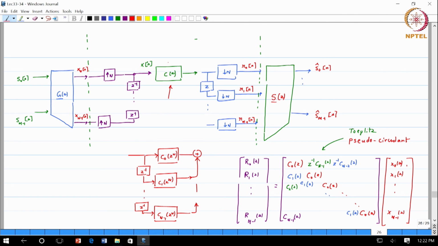Now, it turns out that we can now start to actually show what are the relationship between G, this transfer function C, and S of z in order for us to start being able to design very powerful types of systems, and we can also show where the design elements of multi-carrier systems will come into play. Okay.